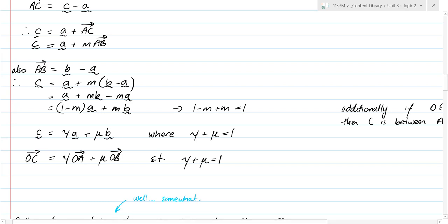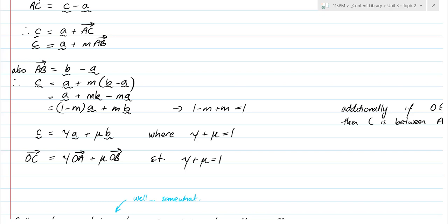So on the assumption of collinearity, we've come down to this mathematical statement. If we can show this statement, then we've got collinearity. What does that mean? If you've got 3 points, and you can show that one of those points can be found by a scalar multiple of the other 2 vectors, then you've shown collinearity. It's still complex, but it's an easier property.